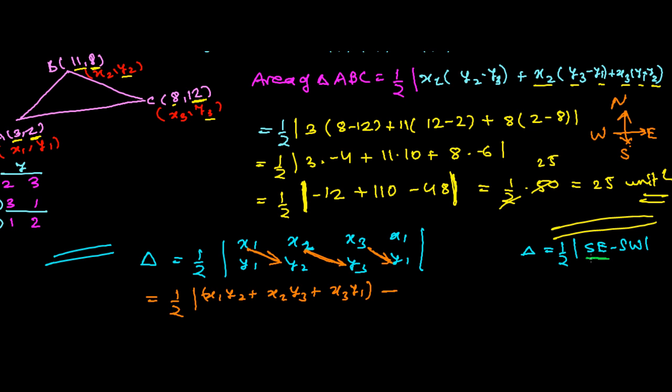Now let's deal with southwest. Southwest means this part, the one in green. So it will be x2 y1 plus x3 y2 plus x1 y3.